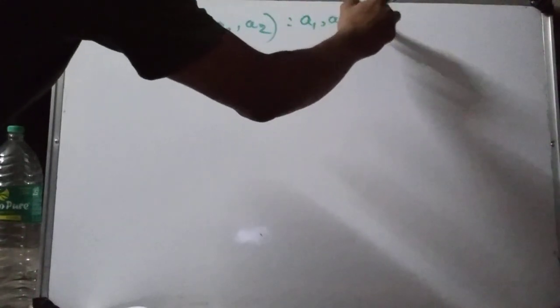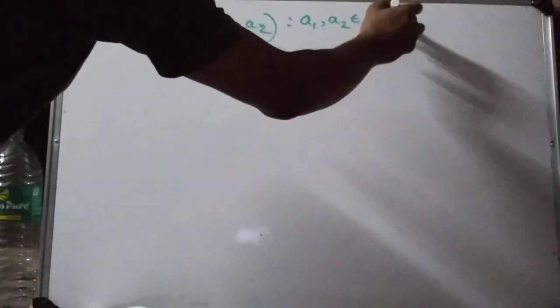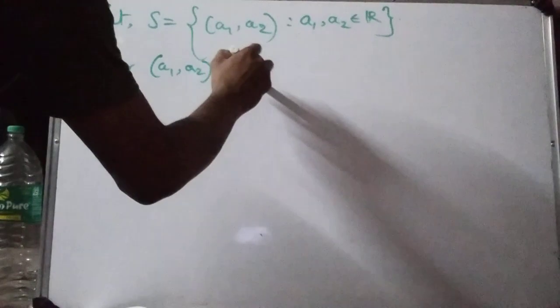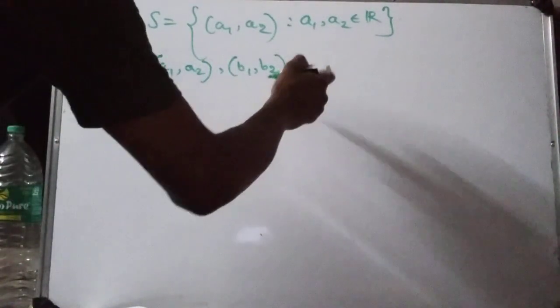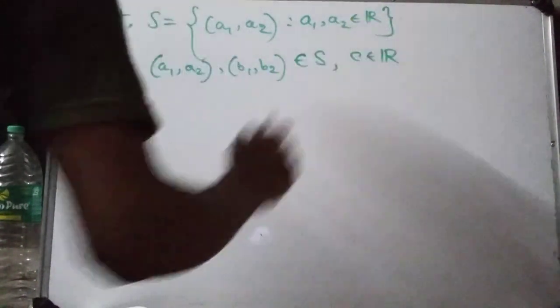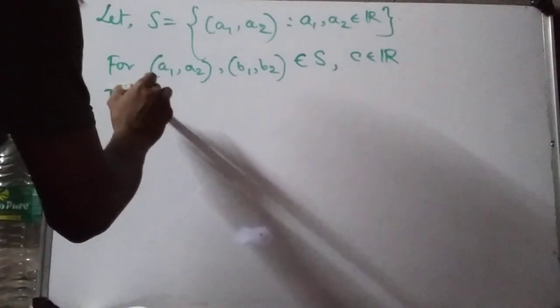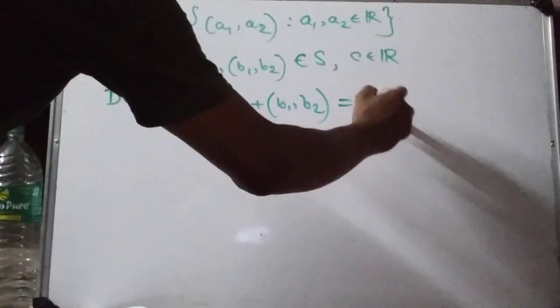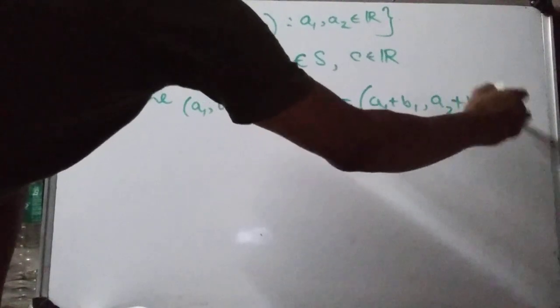Now we go on to further discussion of one non-vector space. Let S equal (a1, a2), where a1, a2 belong to R. Then for (a1, a2) and (b1, b2) belonging to S and c belonging to R, define (a1, a2) + (b1, b2) equal to (a1 + b1, a2 - b2).